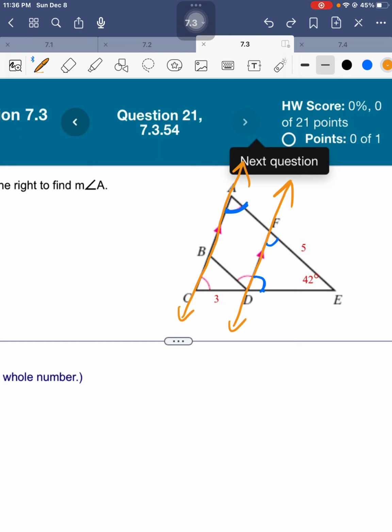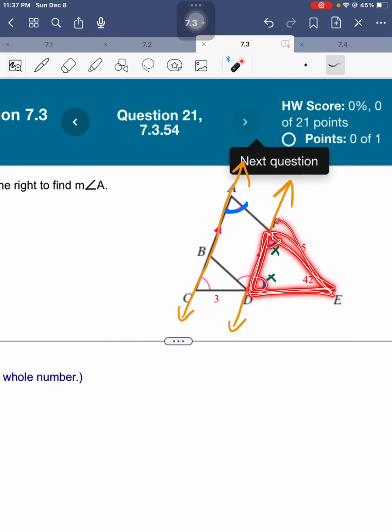And what do we know about the same tick marks or the same number of arcs? It means the angles in the arc's case are congruent and the side lengths in the tick mark case are congruent. So how do I find this one? Well, I don't know this one or this one, but I do know that they're the same. So I'm going to give this a value of X and X.